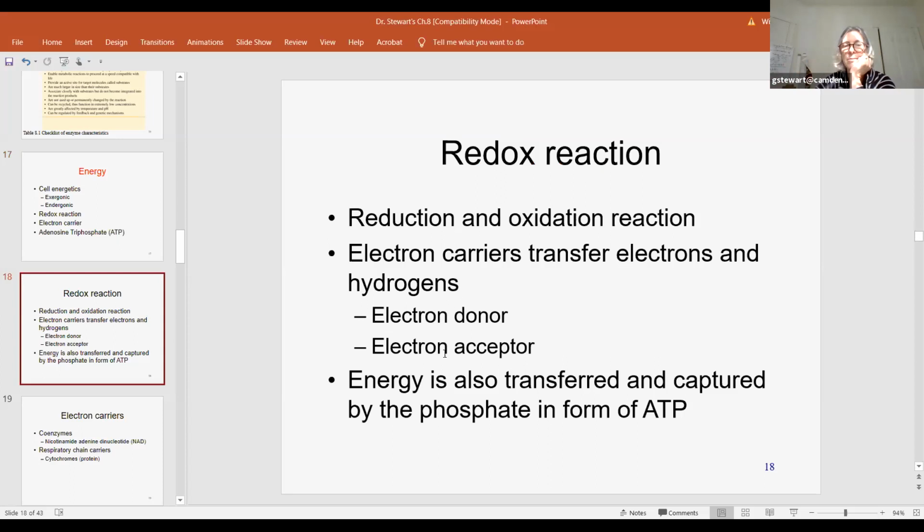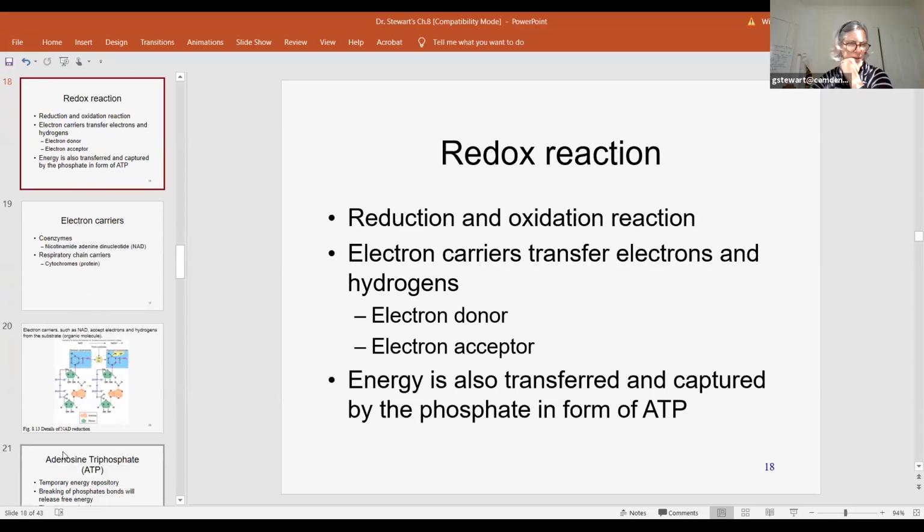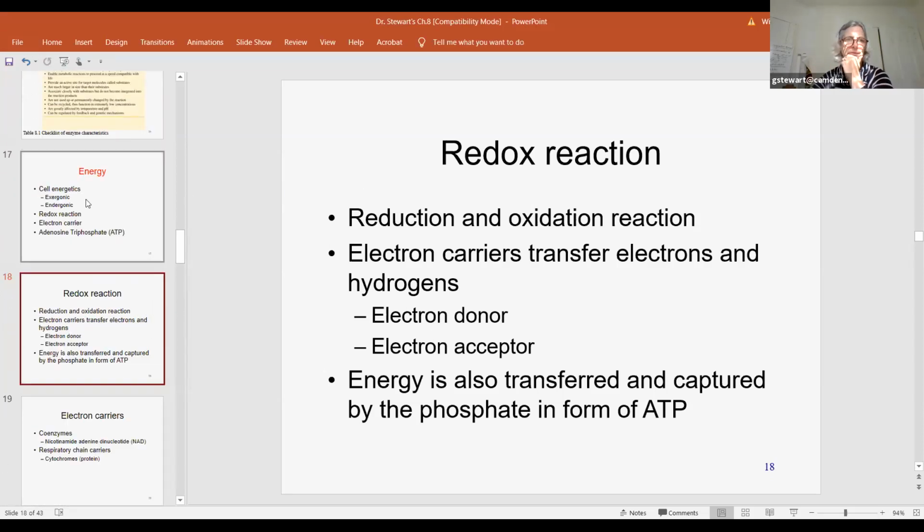So this is just a reminder, but a poor one, I think. Electron carrier, yeah. Okay, so we're missing a little bit of data here for the redox reactions.